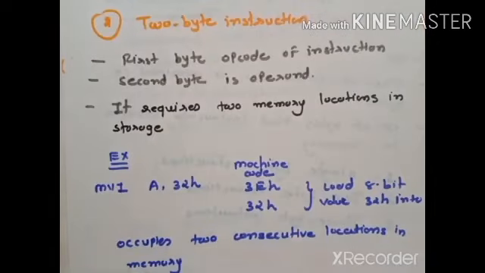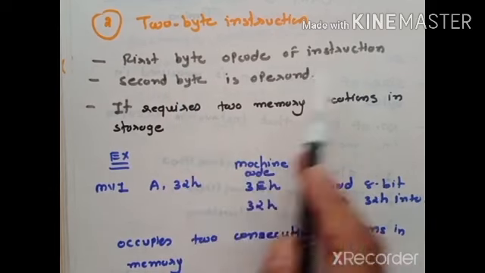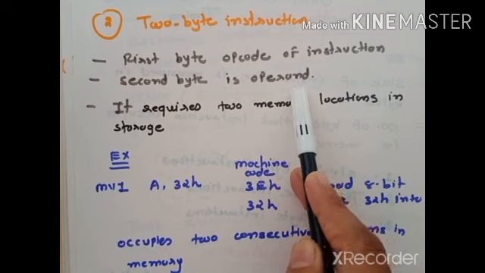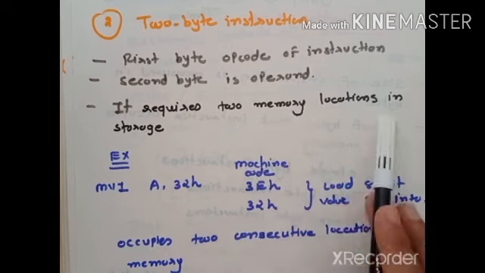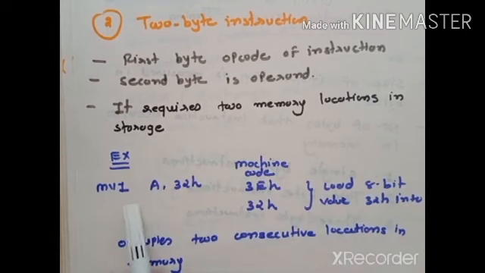Second, 2 byte instruction. In a 2 byte instruction, the first byte is the opcode of the instruction and the second byte is the operand. It requires 2 memory locations in storage. The example of this is MVI A, 32H.